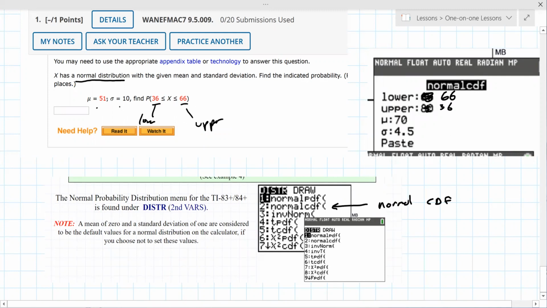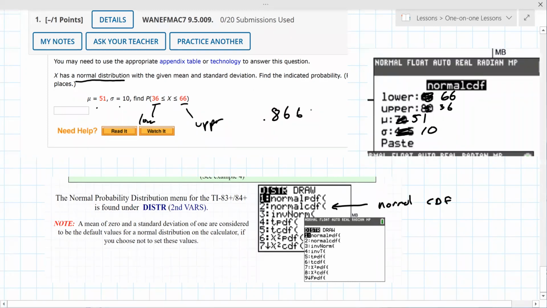Your mu is 51, and your sigma is 10. Paste that, and then let me know what you get for 0.86638.